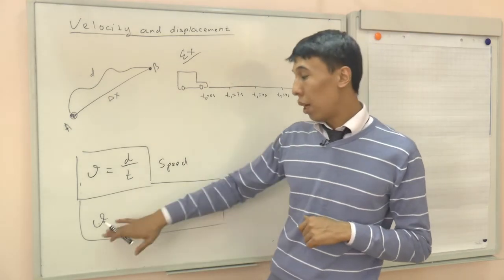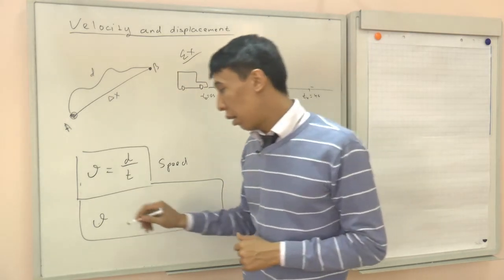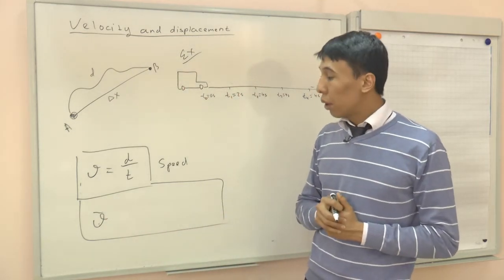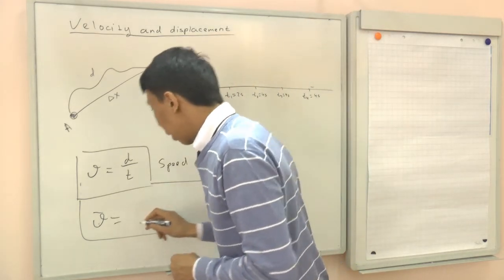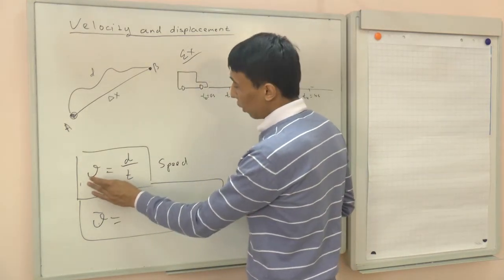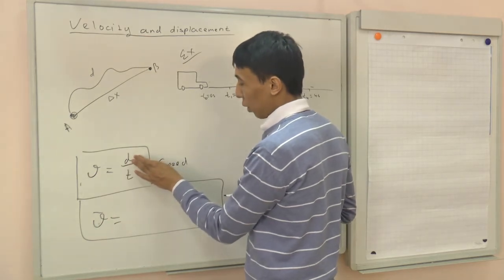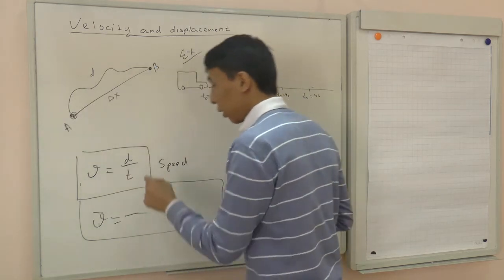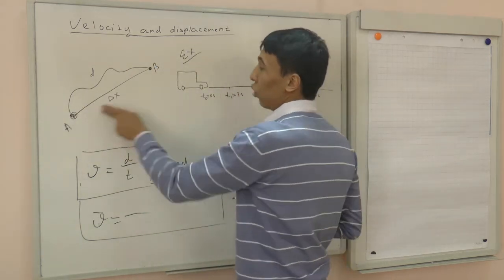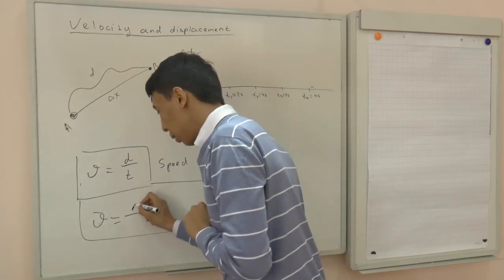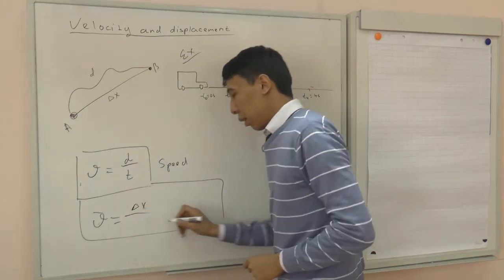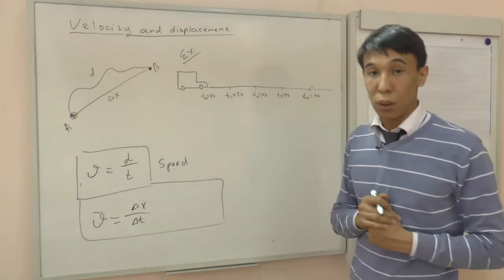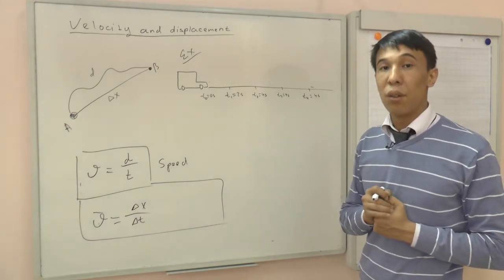Speed is a scalar, and distance is also a scalar, and it means in the case of velocity, we should use what? Not distance, we should use what? Displacement. Here you are right, displacement over delta t. As we took the change of distance, we also need to take the change of time.